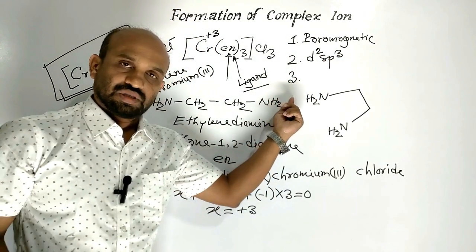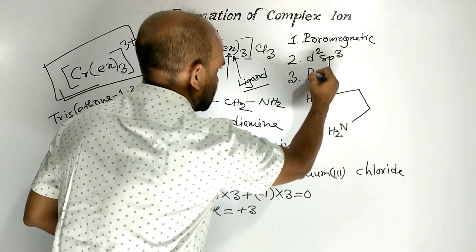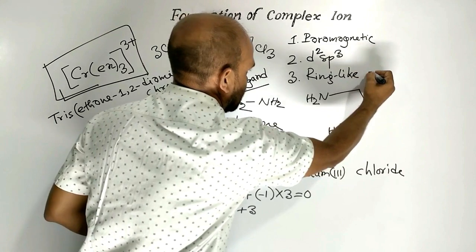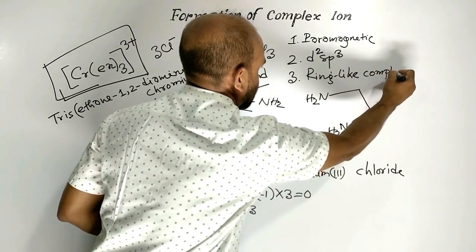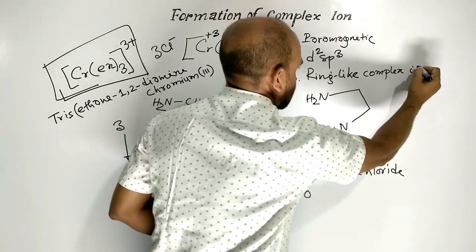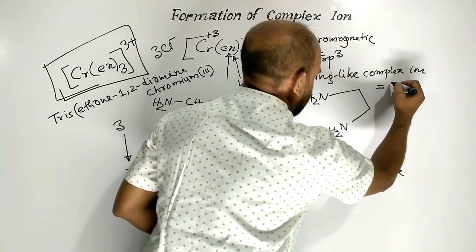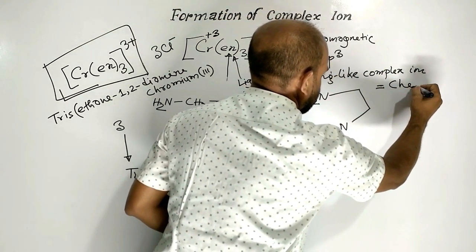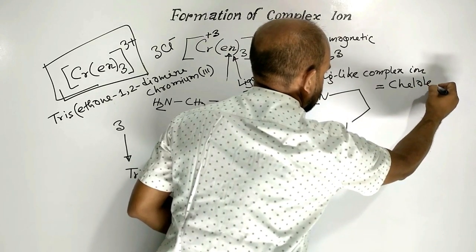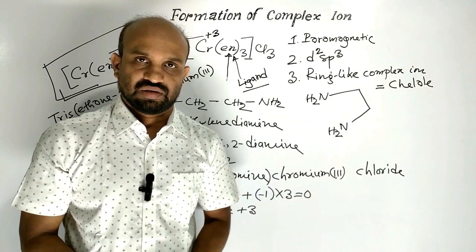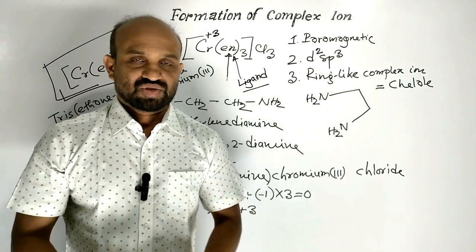Again, this is a ring-like complex ion, which is actually called a chelate. These are the points we are going to learn here. So let's go to the detail.